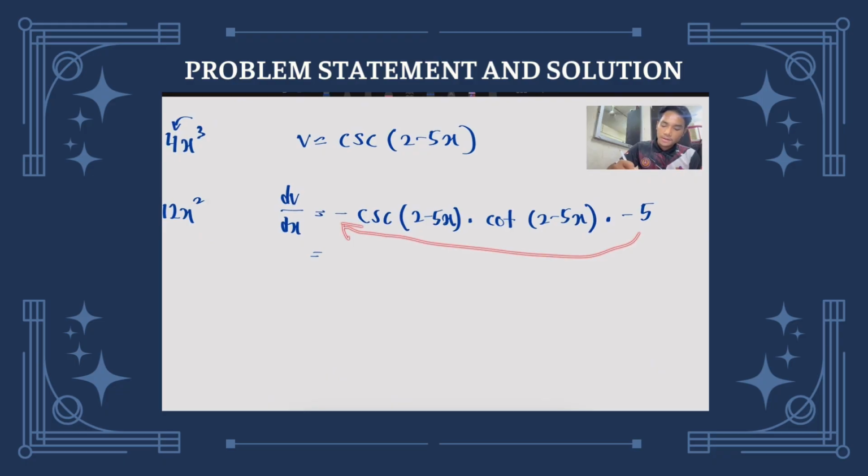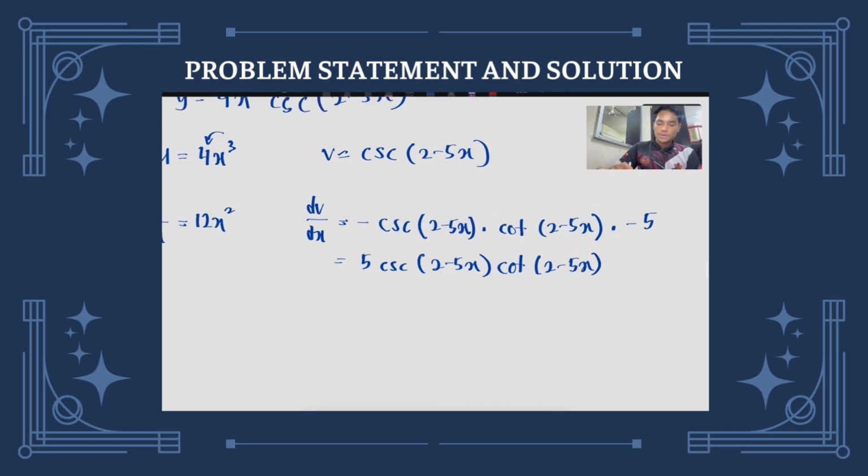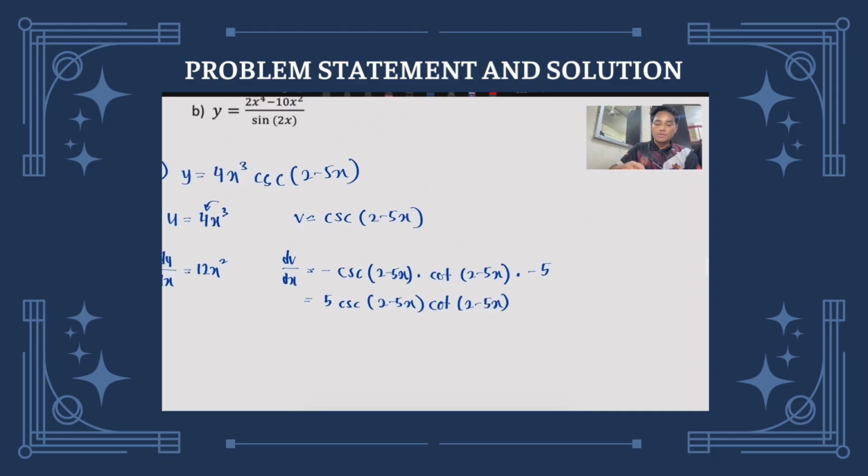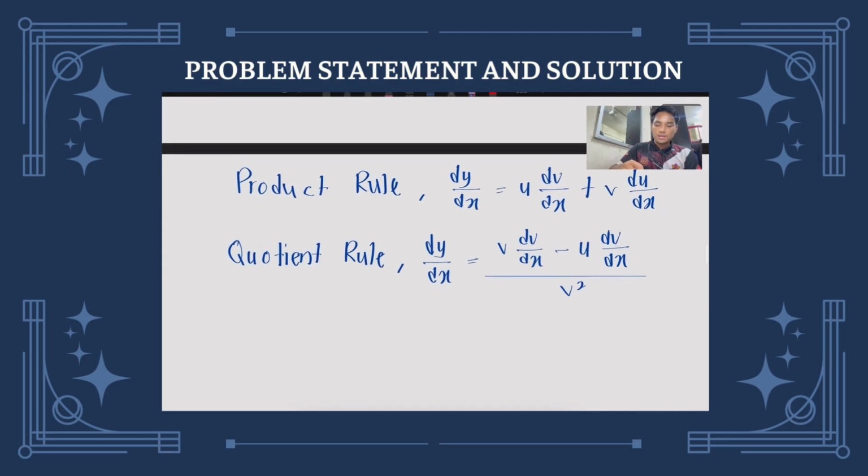Negative 5 times negative, you get 5 cosecant of 2 minus 5x cot of 2 minus 5x. After you get u, v and their derivatives, you can use the product rule formula.